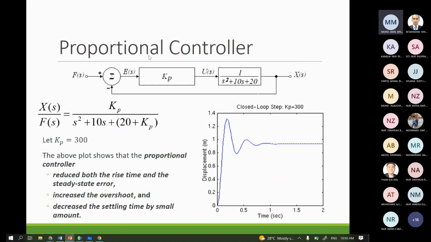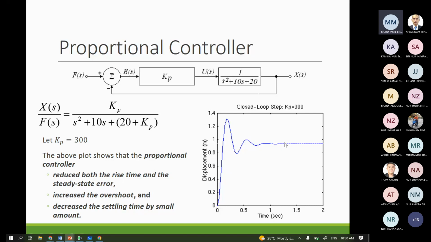So you can add a proportional controller, Kp. So only add a Kp, and then you tune the system by choosing Kp equals 300. So what happened here is that if you put Kp equals 300, then the system will have an overshoot, but the rise time and steady state error is reduced.